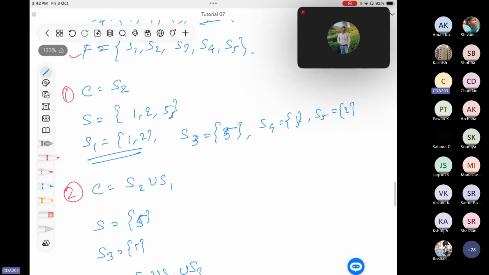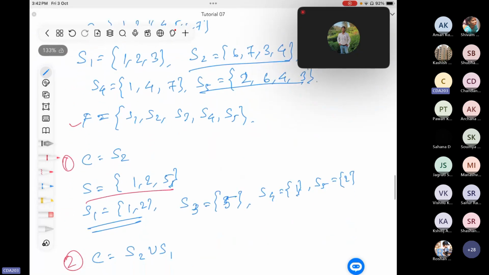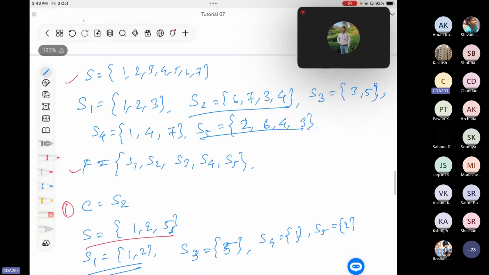Are you talking about this step? Yeah. See, what do we do in the beginning? We choose S2 to be our set, because it's the maximum cardinality. So S2 is of maximum cardinality, we choose it.